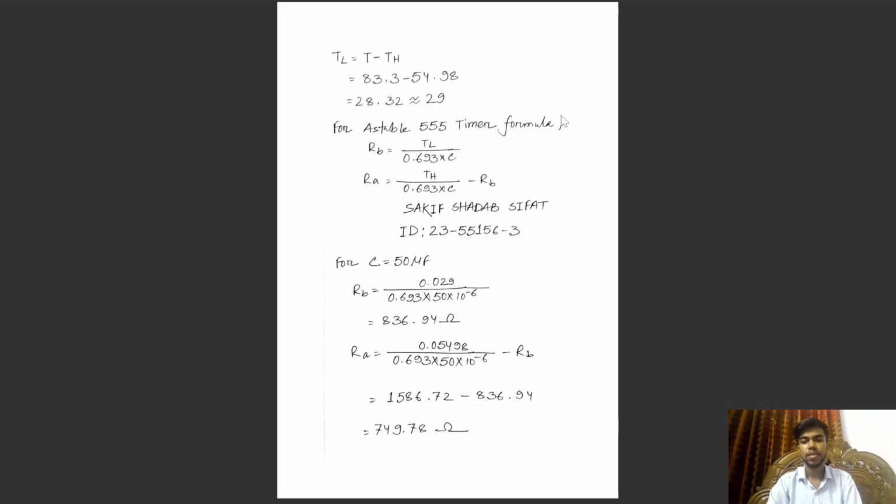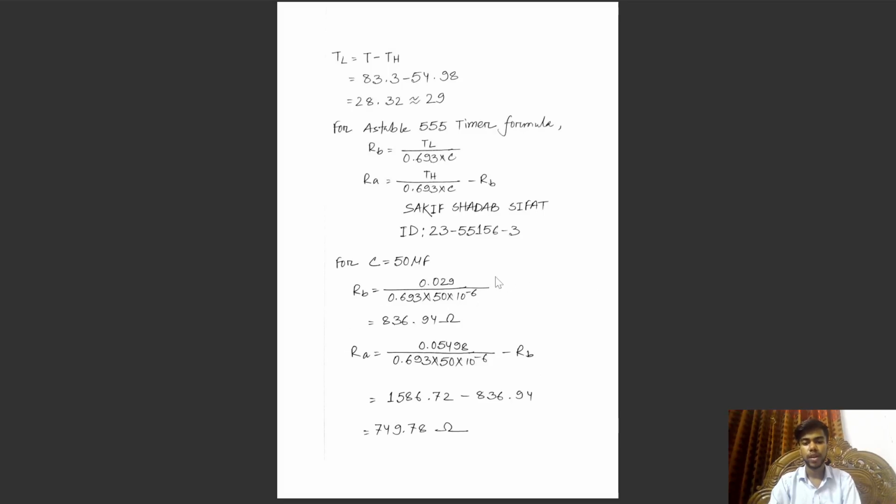And for the astable 555 timer formula, the RB is TL divided by 0.693 into C, and the RA is TH divided by 0.693 into C minus RB. So for the C, which is 50 microfarad, we need to calculate the RB and RA. So RB is calculated here.